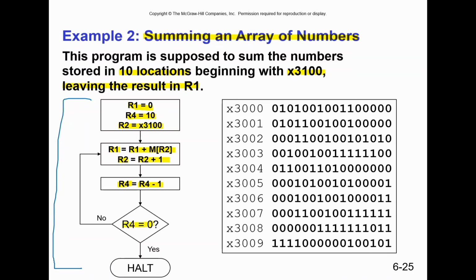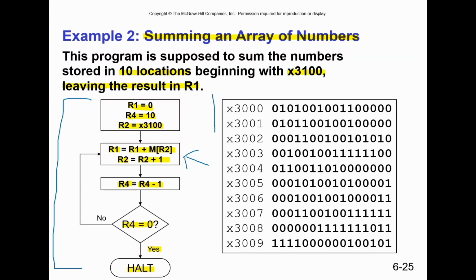And how about R4 minus 0? If R4 equals 0, the answer is halt, or the meaning of halt is stop. And if R4 is not equal to 0, we refer back to R1 and R2.